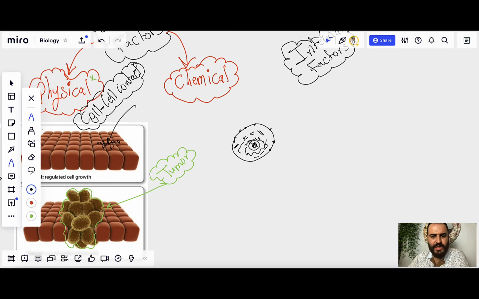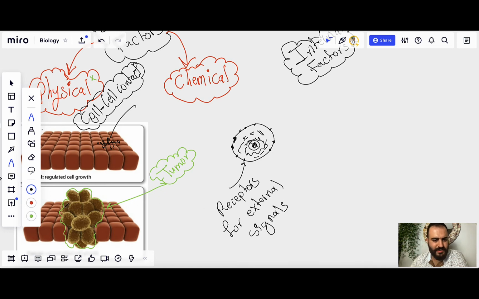Some of them act as channels, some of them act as pumps, and some of them act as receptors for external signals.